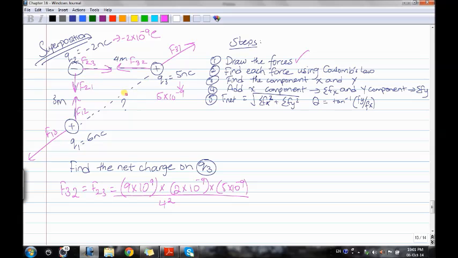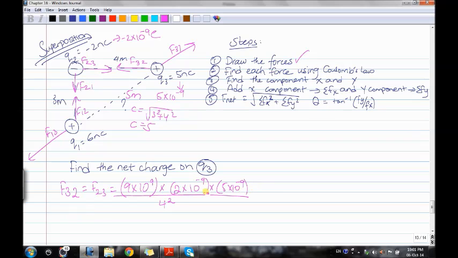Here we have 4 and 3, so we'll use the Pythagorean theorem. Let's just go directly and do it, which is going to be the radical of 3 squared plus 4 squared. So C would be 5. So this is 5 meters.